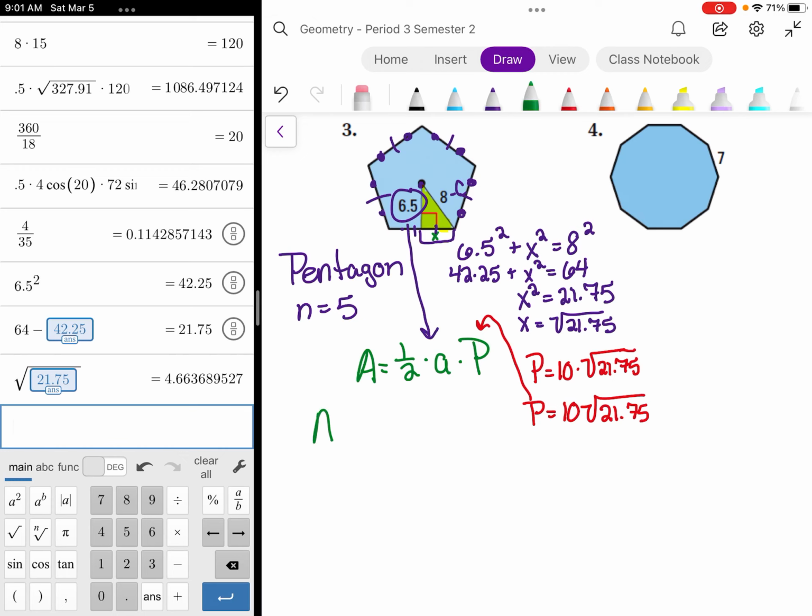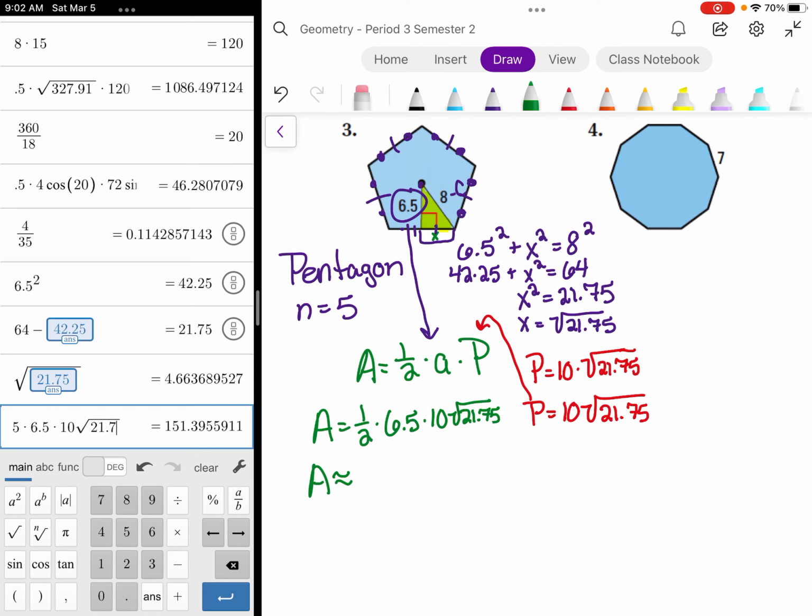And area equals 1/2, 6.5 times 10 times the square root of 21.75. And this is where we can type it into our calculators. And this is when we can round to 1 decimal point. 21.75.